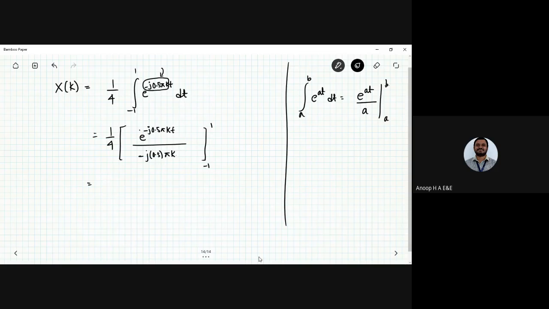So that's what I'll be writing here again. Can you quickly evaluate this integral? It's the value of t that you need to substitute. Just remember that.